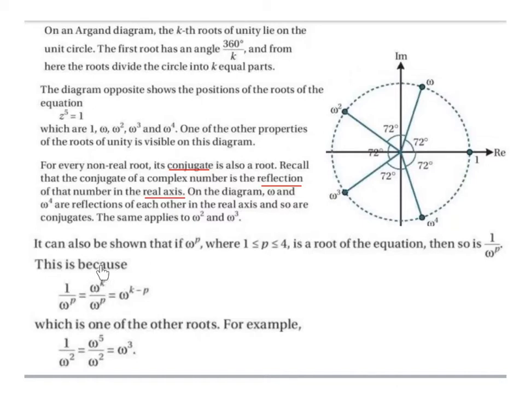And when we're dividing powers with the same base, we subtract the powers, so we get w to the power of k minus p, which is one of the other roots. So for example, 1 over w squared is equal to w to the power of 5 over w squared, which is equal to w to the power of 3, because 5 minus 2 is 3.